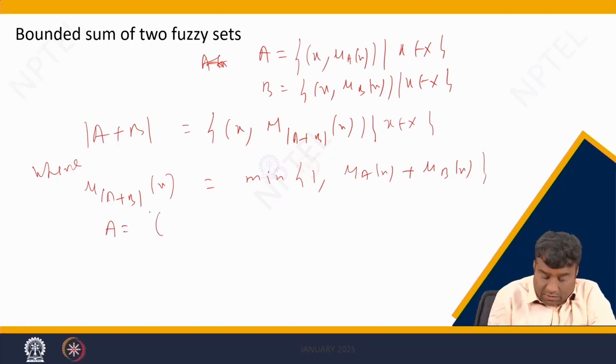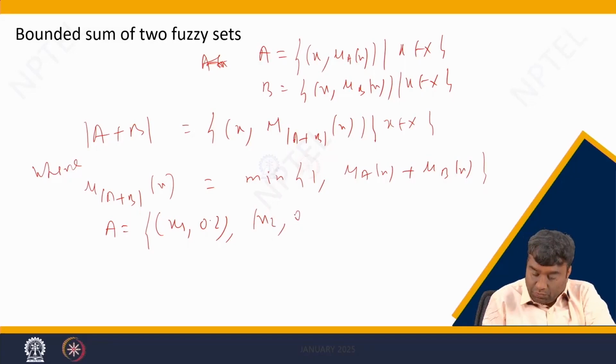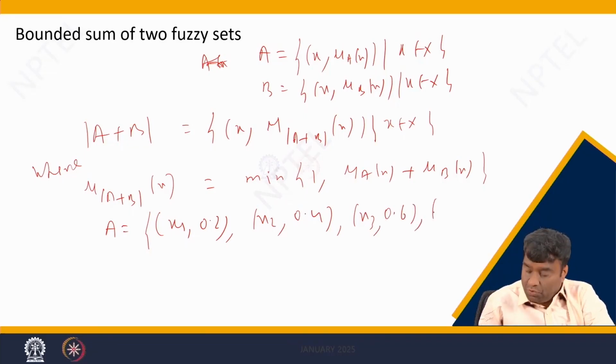So let A be x1 0.2, x2 0.4, x3 0.6, x4 0.8.